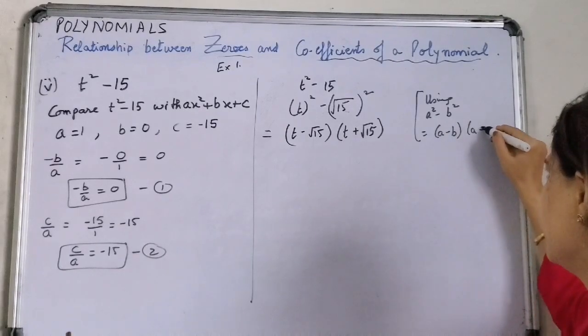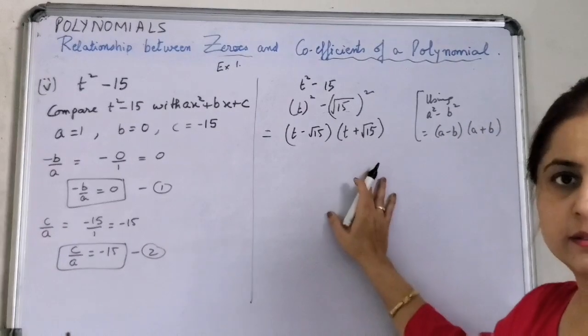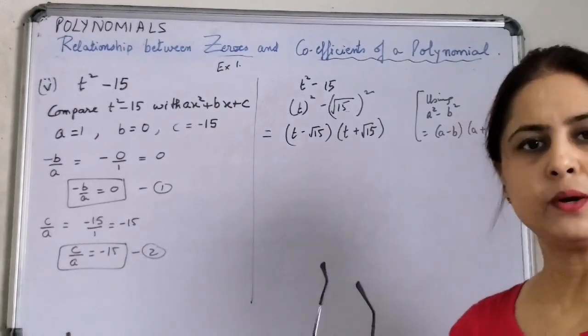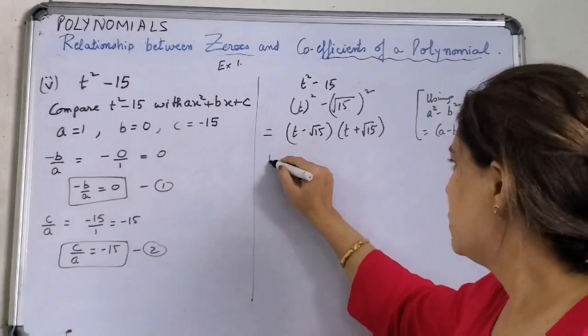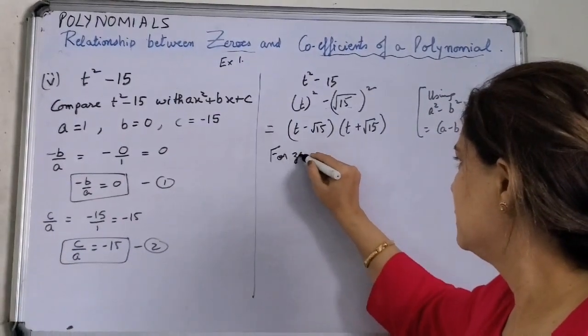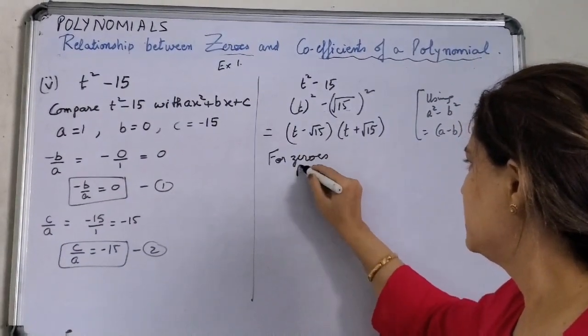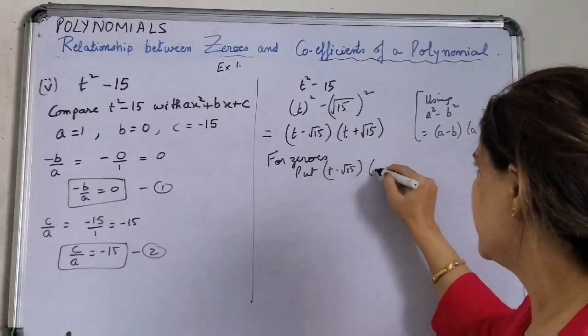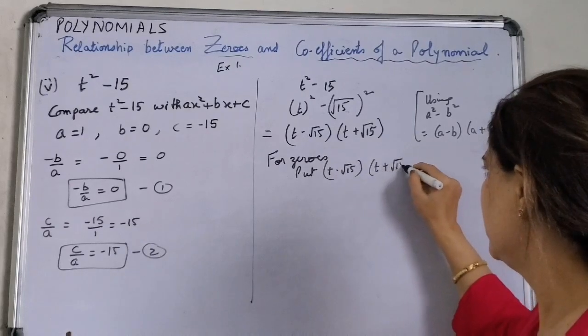So I've got the two factors, and you know very well, next step, when we get the factors for zeros, we put them equal to 0. So for zeros, put t minus root 15 into t plus root 15 is equal to 0.